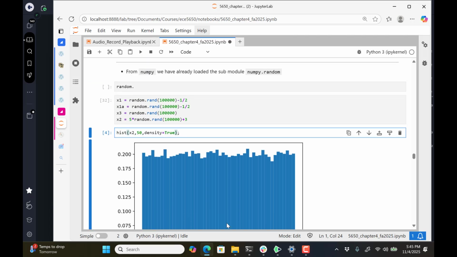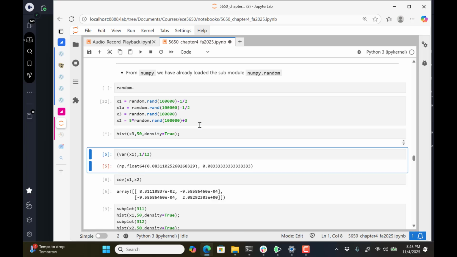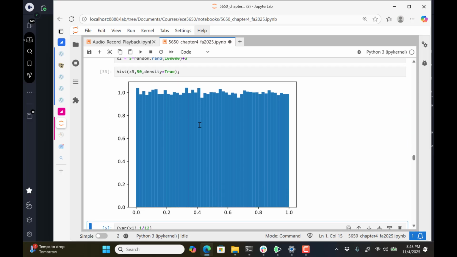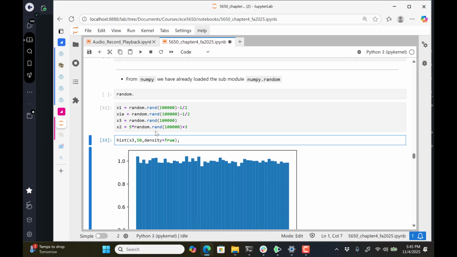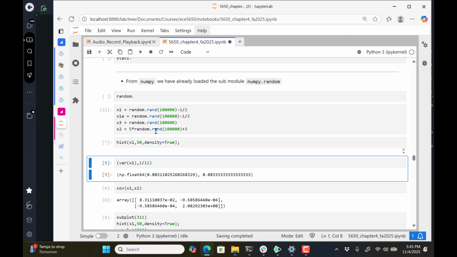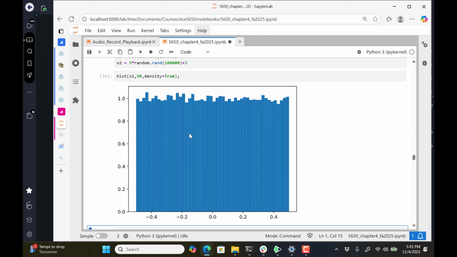If I picked a different one, like x3, now it's just going to go from 0 to 1, or x1, it's just minus 1/2 to plus 1/2.